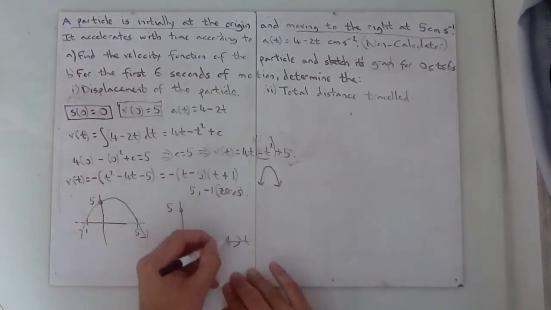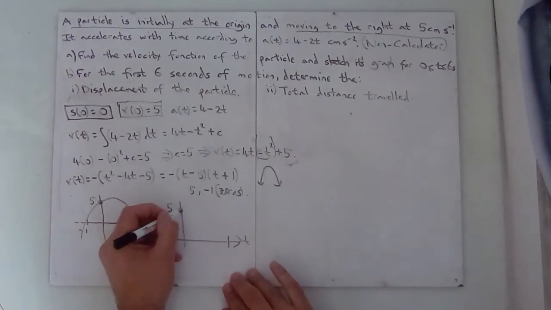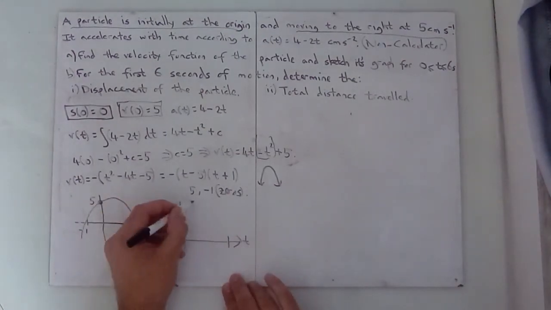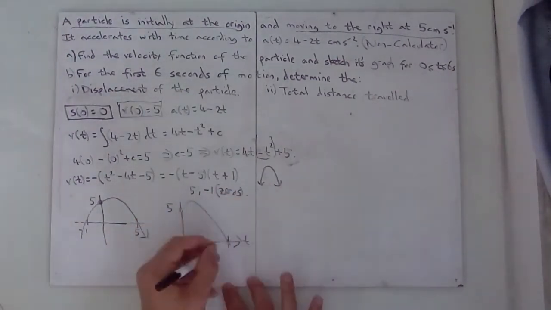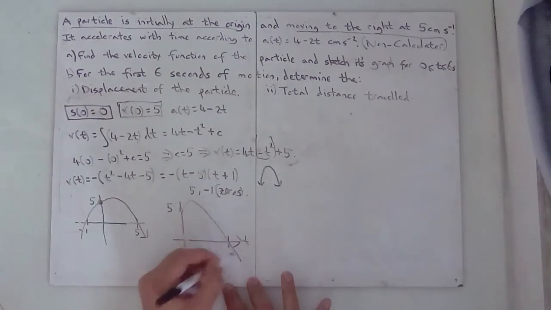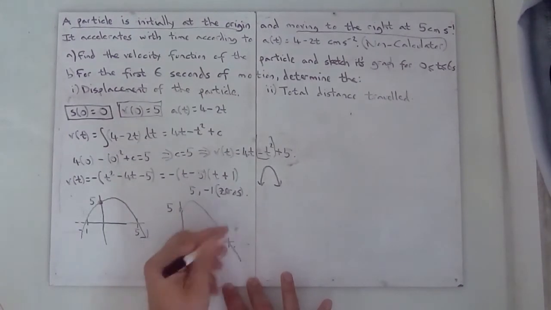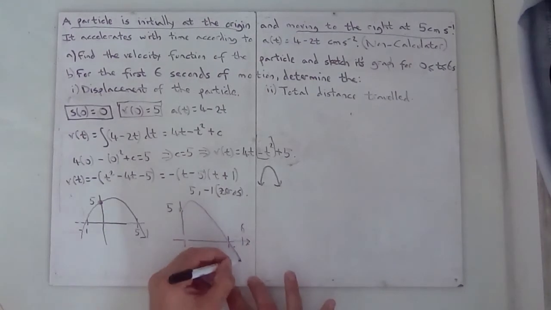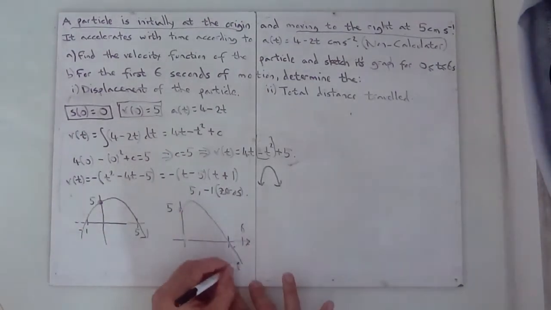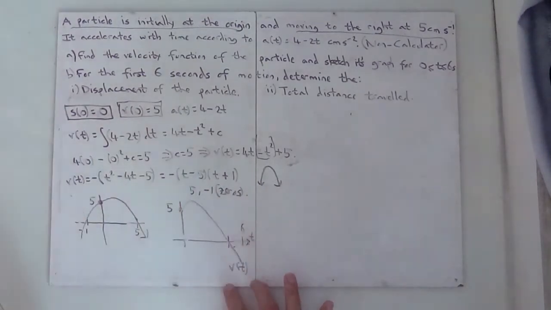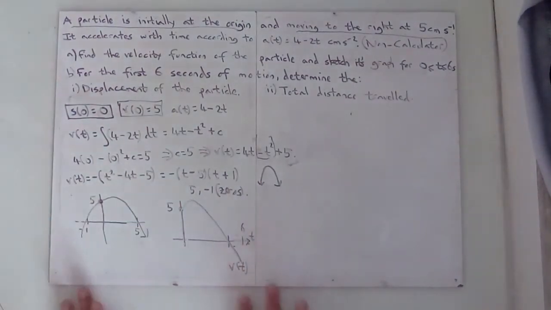It goes up for a bit, and then it goes down to 5, and because I've been asked to sketch it to 6, there's going to be a bit here where the area is negative, so I'll extend that a little bit and then we're going to 6 there. So this is v(t) and how it varies with t, just like that.